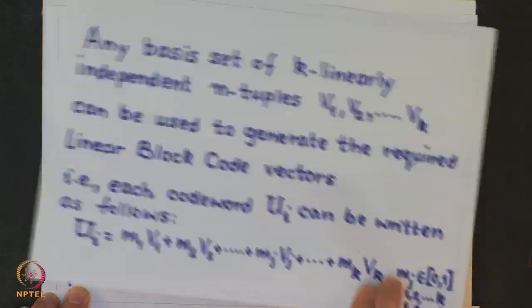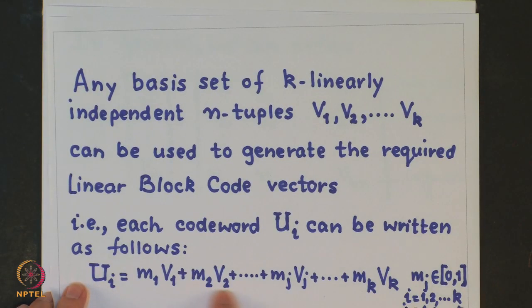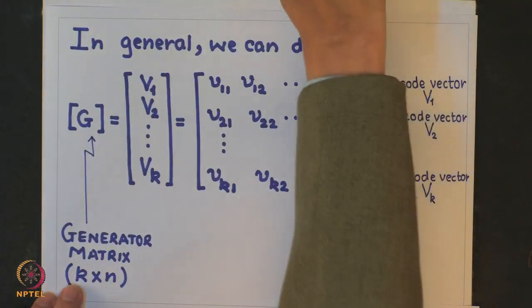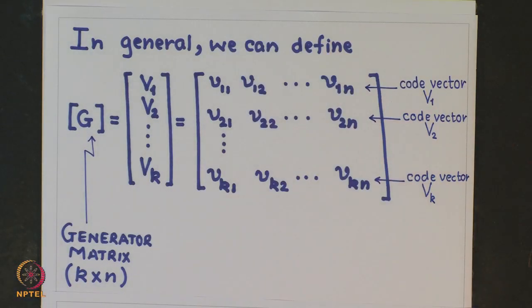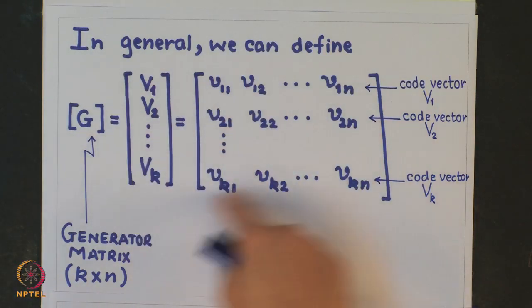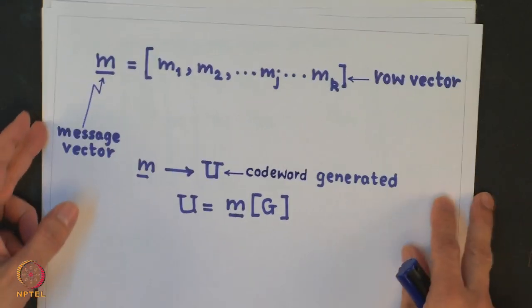So, now this equation which we have written is equivalent to writing in matrix form using the definition of generator matrix as follows.